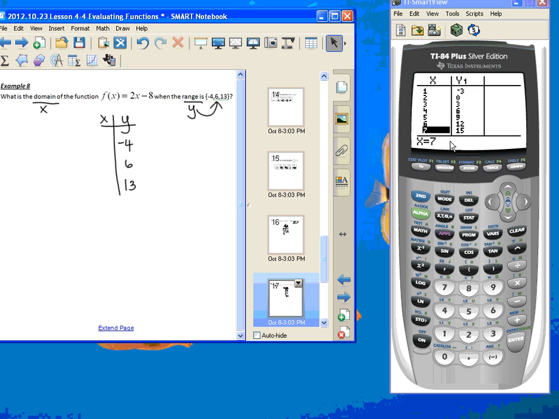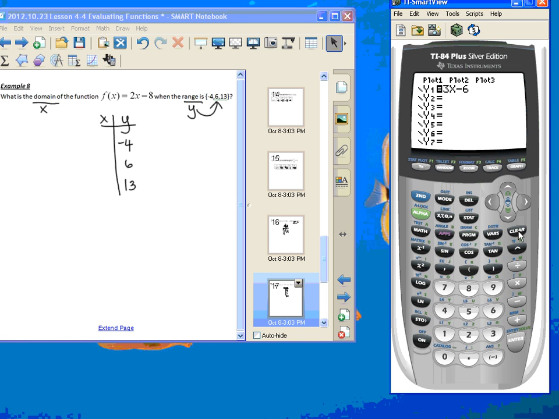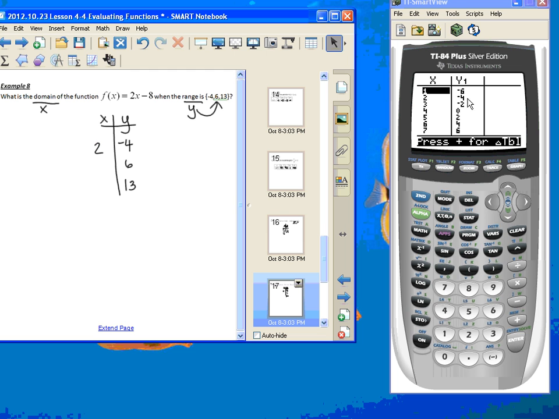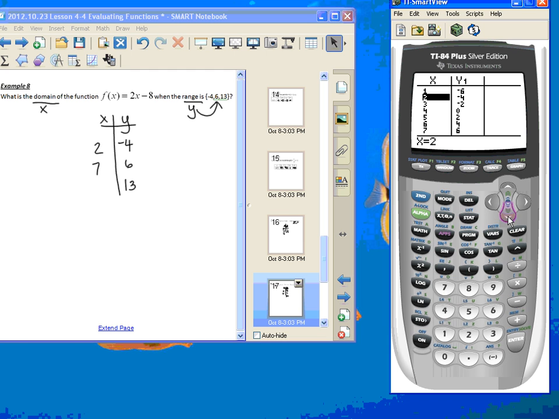So when I go to my y equals, I type in my function, 2x minus 8. I'm going to come over here and I'm going to look. Y is -4, which means x is 2. Y is 6, x is 7. And y is 13. Oh, there's no 13.